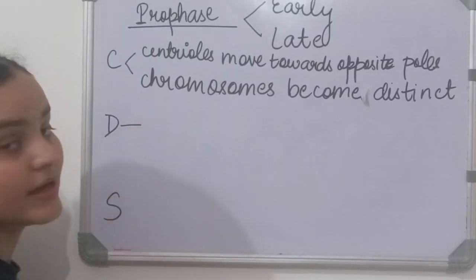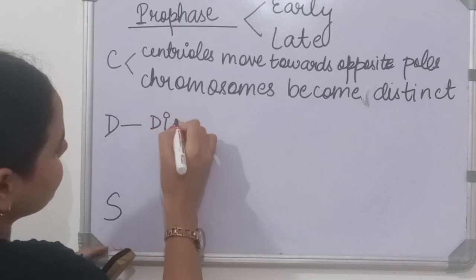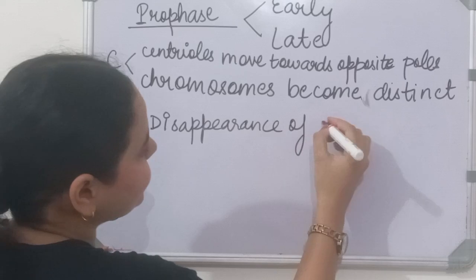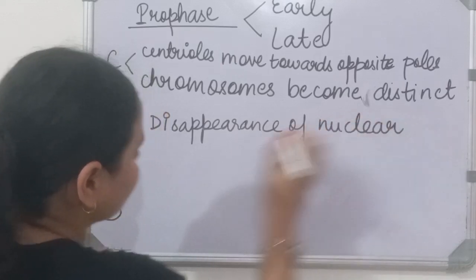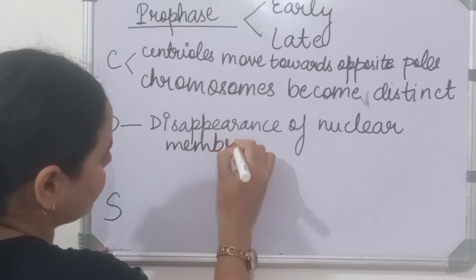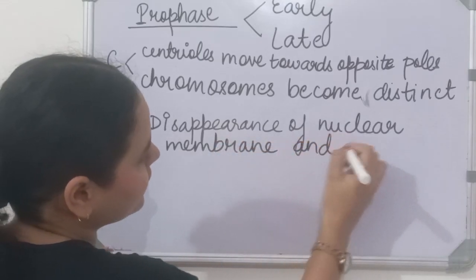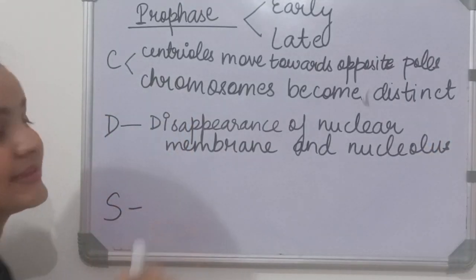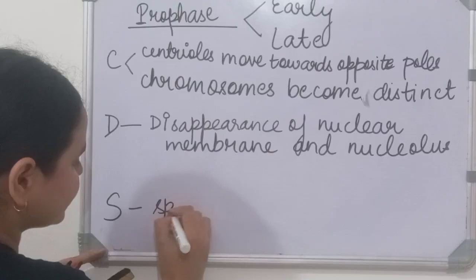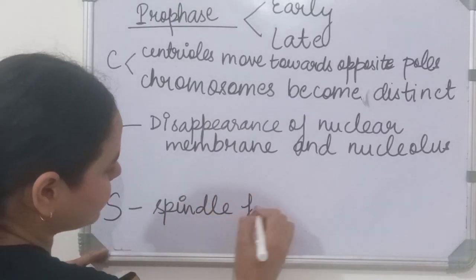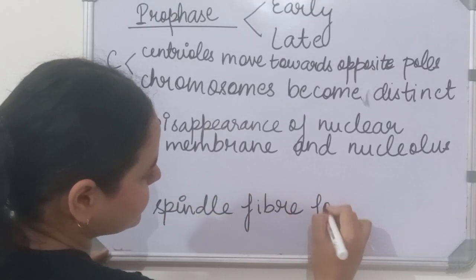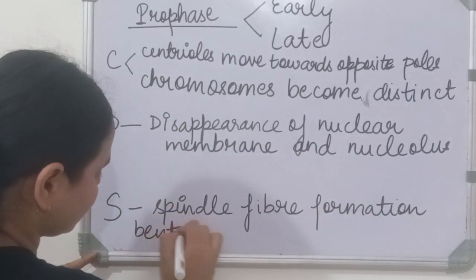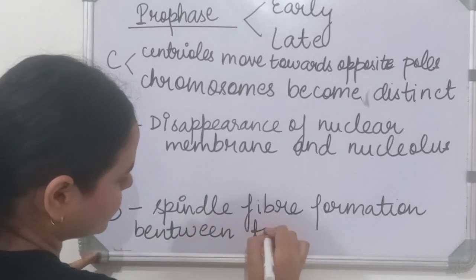Now, D stands for disappearance of nuclear membrane and nucleolus. Now, this S stands for spindle fiber formation between two centrioles.